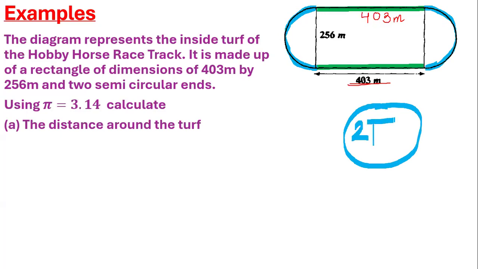Class, what is the formula for the circumference of one circle? 2 pi r. So this is pi r because it's half, and this is pi r because it's half. But since we have half and half, we just combine them. So it's going to be 2 pi r. All right, so we have what we need.